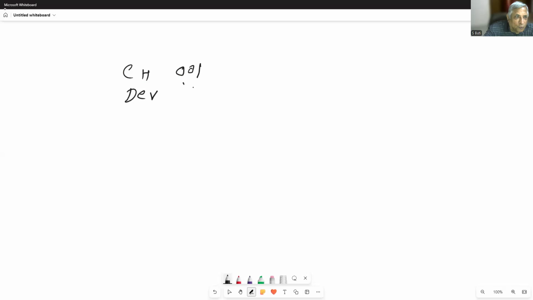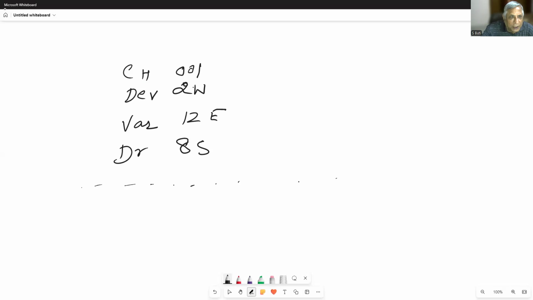Deviation 2 west. Variation 12 east. Drift 8 degrees starboard. Complete CDMVT. And in the air, if there's a track error of 4 degrees to port, complete this table CDMVT up to track made good.